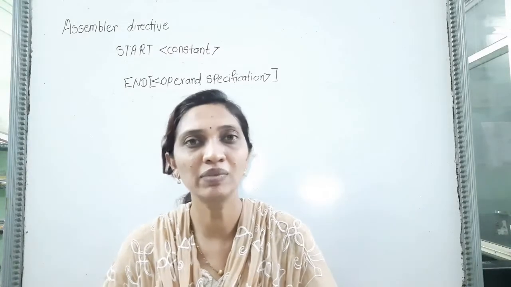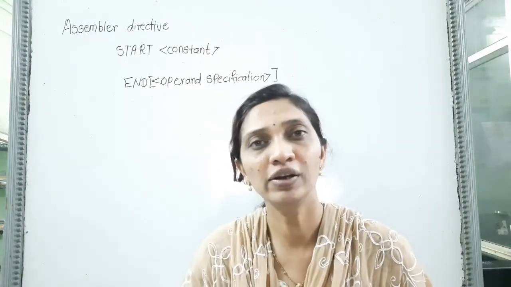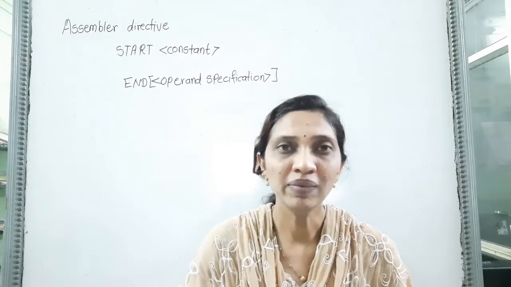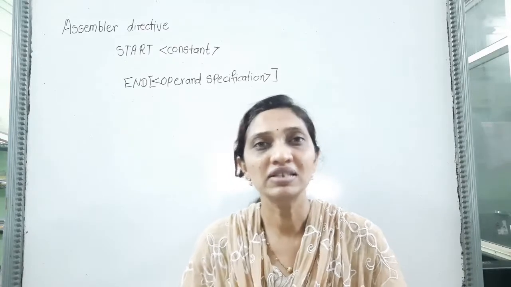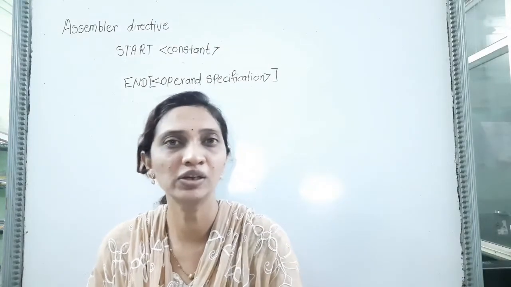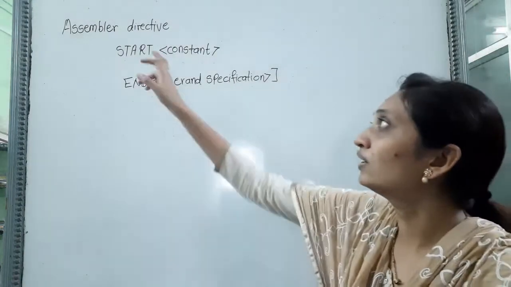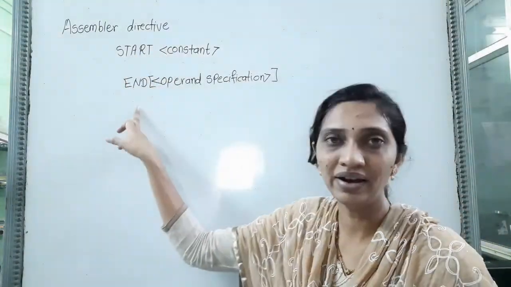These are two assembler directives. Which statement is known as an assembler directive statement? The statements which perform a certain action while assembling the program are known as assembler directive statements.